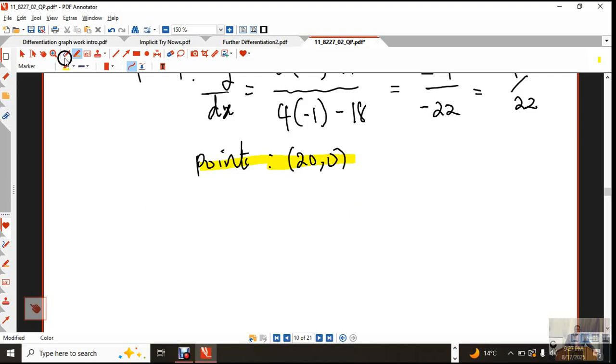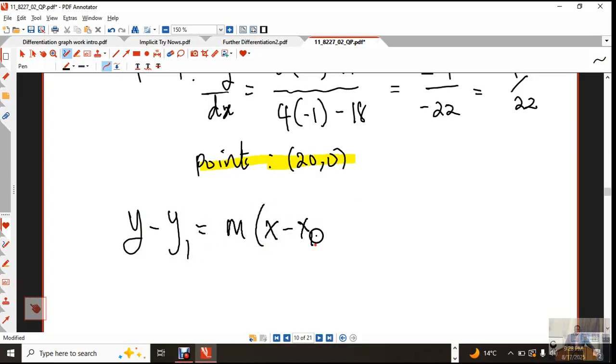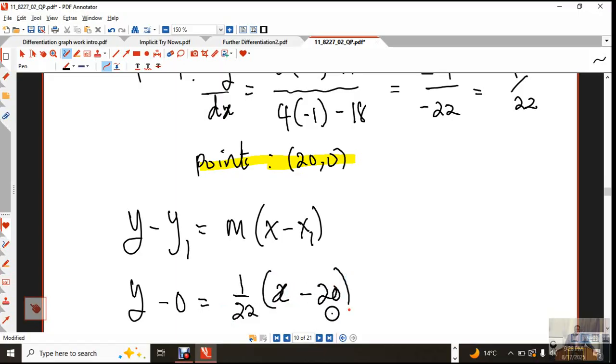So if I have the gradient, then my equation y minus y sub 1 is equal to that gradient m times (x minus x sub 1). You take one y value, of course y is 0 through and through, the gradient is 1/22, times (x minus 20).